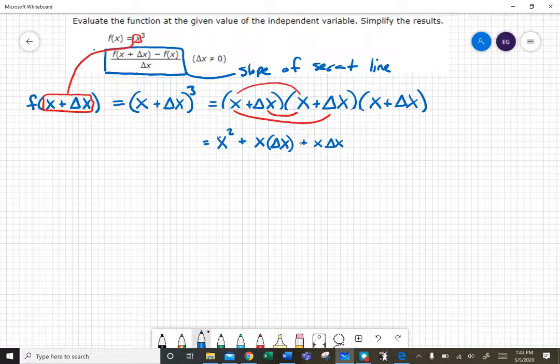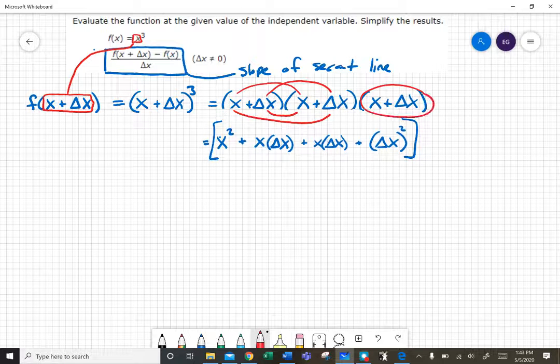Let's use some parentheses here because delta x is one symbol. The delta and the x are not separate. And then last times last, delta x times delta x, so that's delta x squared. Okay, and we still have this last x plus delta x.